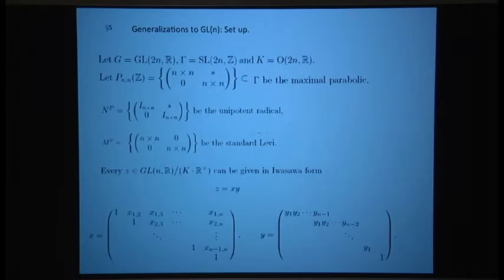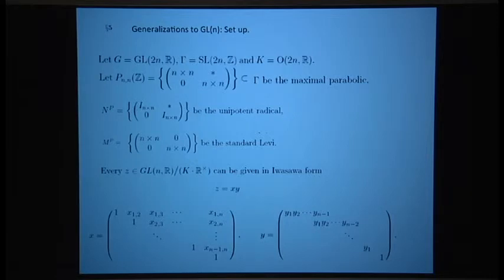So now G is GL2N, and Gamma is SL2N, K is the orthogonal group. P of N, N is the maximal parabolic subgroup. So it has 2 blocks. And N sub P is a unipotent radical, and M sub P is a standard Levi subgroup.